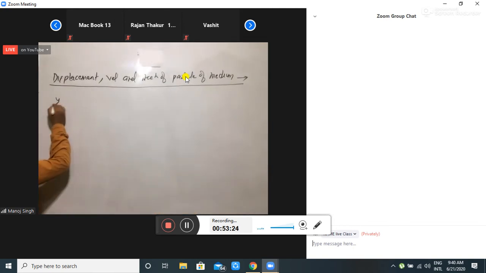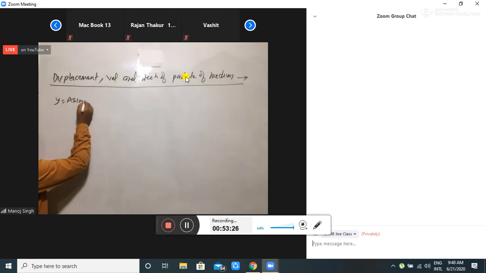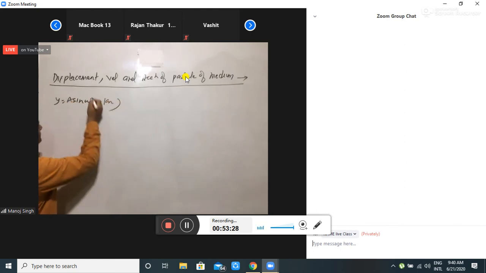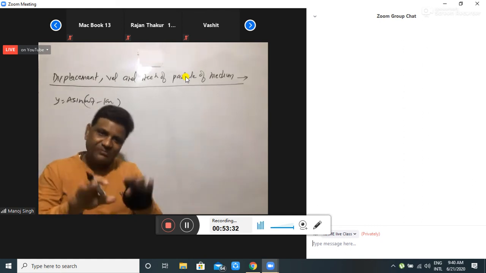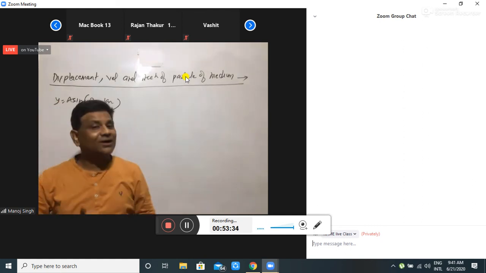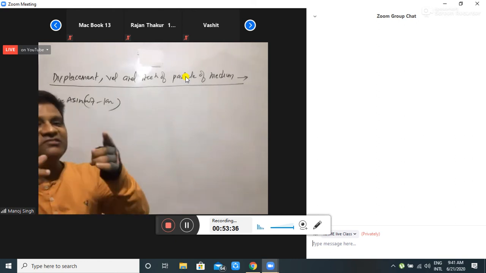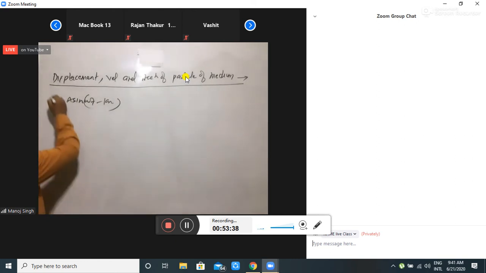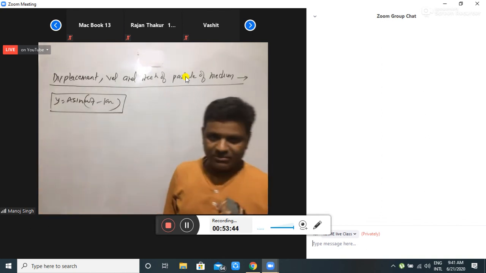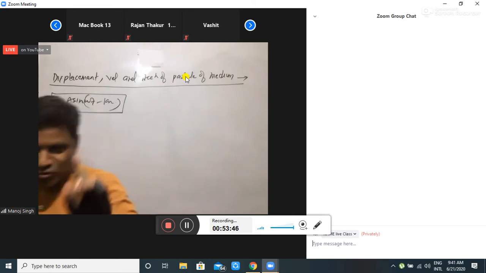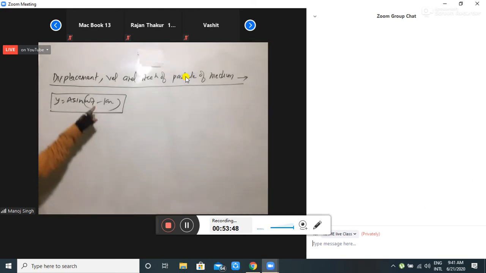You know, y is equal to a sine of omega t minus kx. You can take plus kx also, it is not a matter here. The plus or minus sign only represents the direction of propagation of the wave. So this is one of the equations we are taking on the board. This is the displacement equation of a particle of a medium.